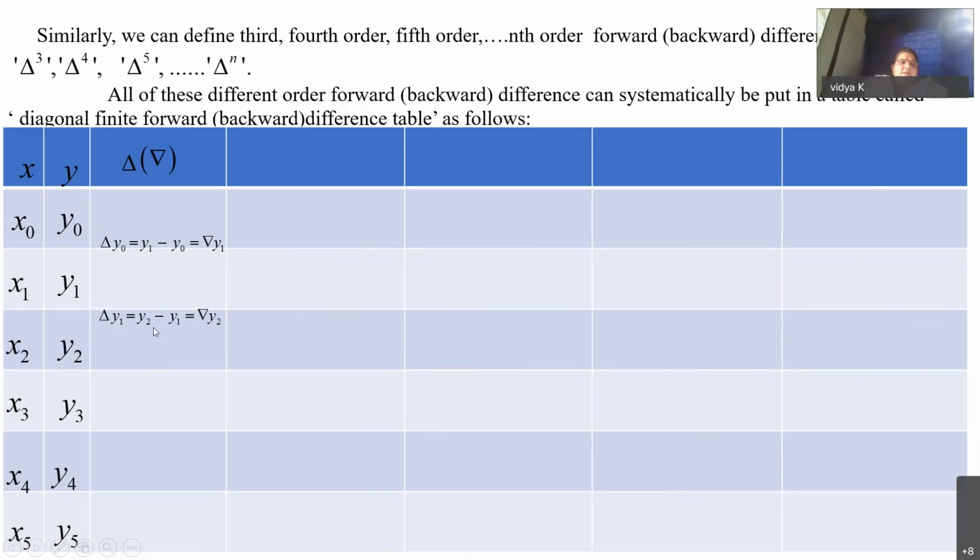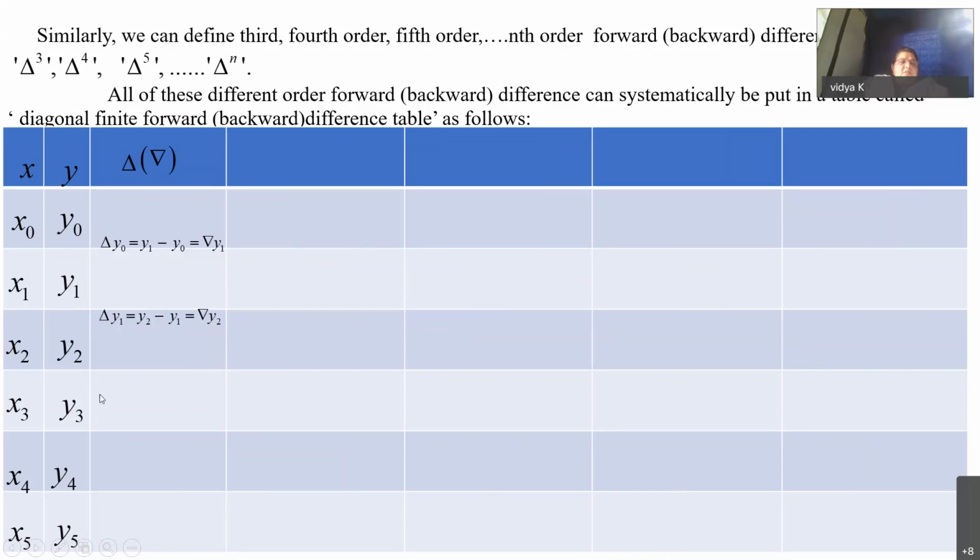How do you calculate? Delta y1 means you go forward of y1, it is y2 minus y1 itself. And why is it nabla y2? Nabla y2 is starting with y2 and taking the difference with the previous value. So therefore calculating the value is with the same difference, but its representation differs. Here delta y1, here it is nabla y2. I hope you are following.